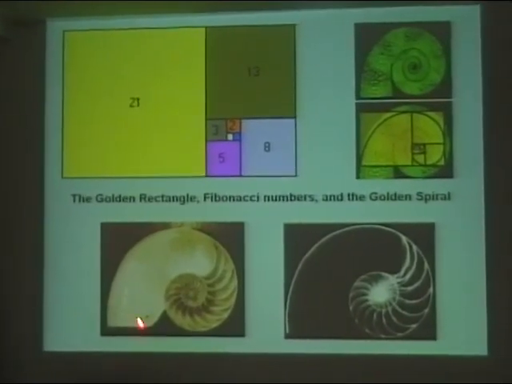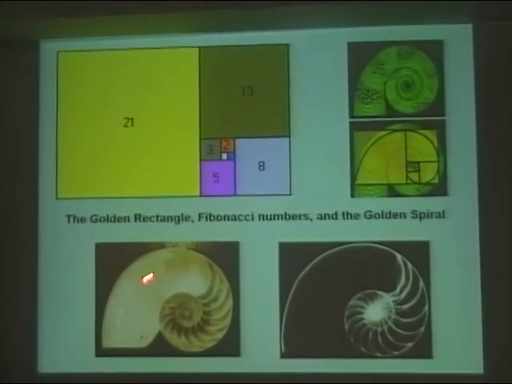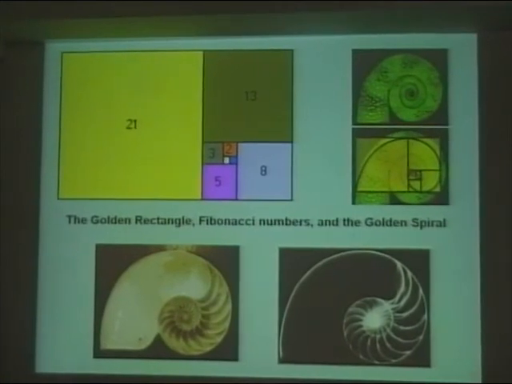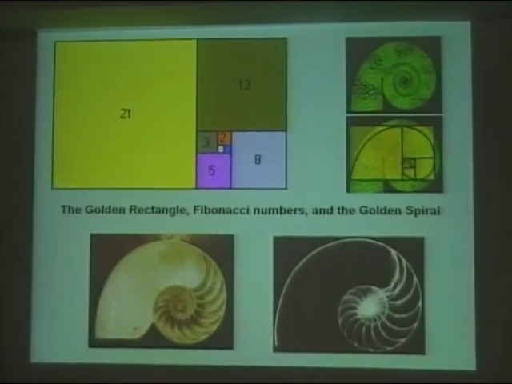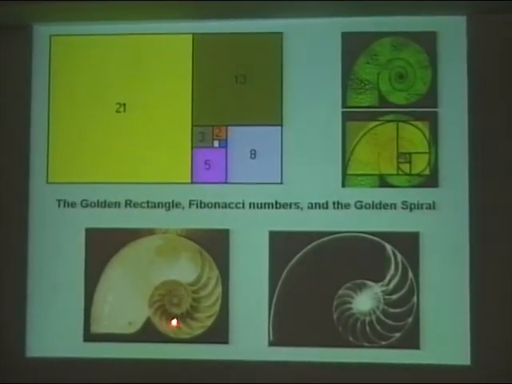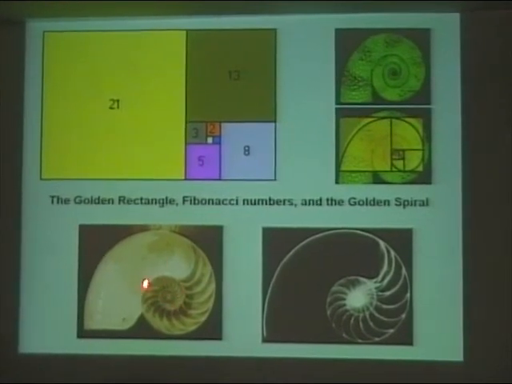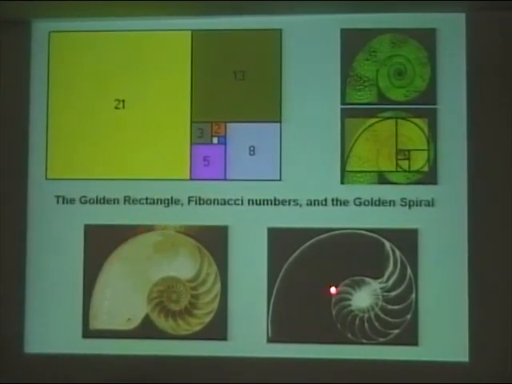And it's not just that. This is a seashell. It's the kind of seashell which is called a chambered nautilus. And it is a spiral, and that spiral is a golden spiral. It's the cover of my book. Okay?